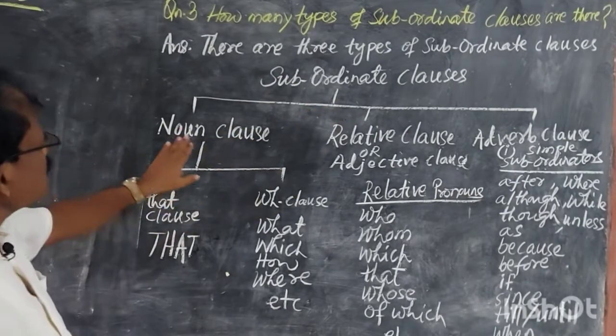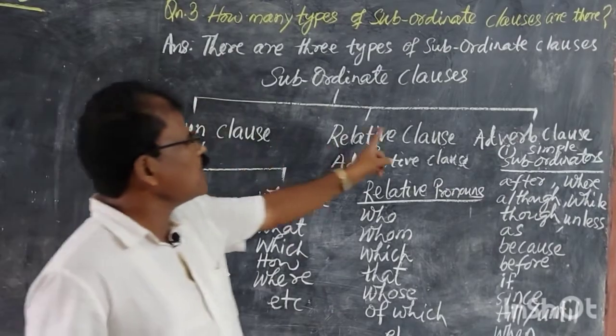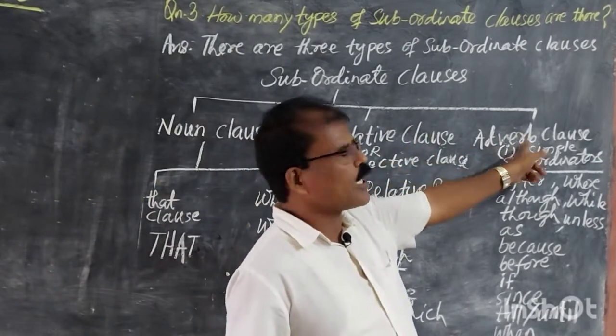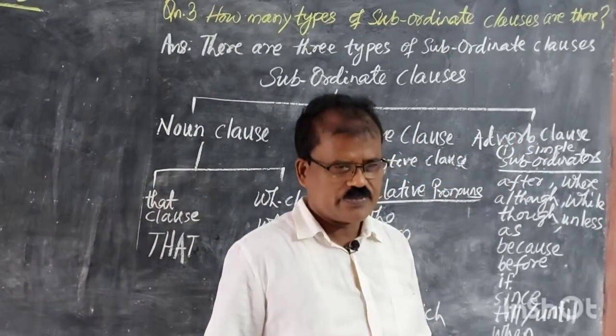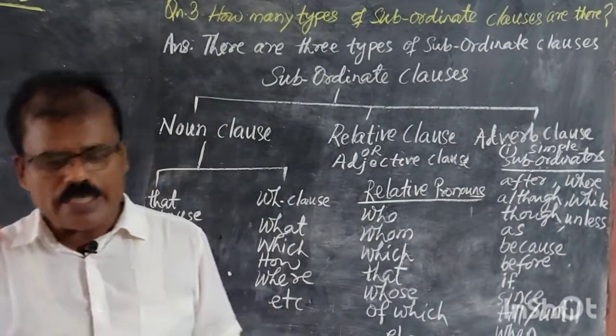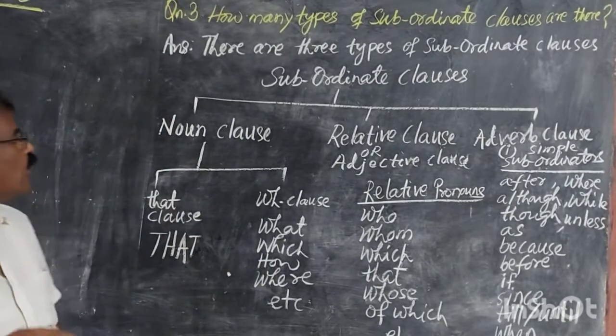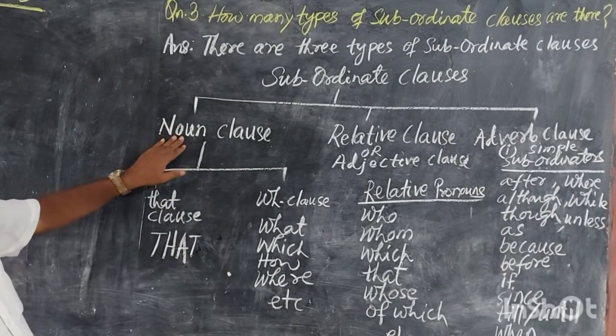Subordinate clauses are of three types: noun clause, relative clause, adverb clause. Noun clause, relative clause and adverb clause. Okay? So what is a noun clause?